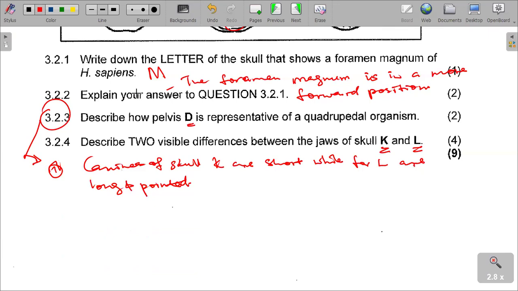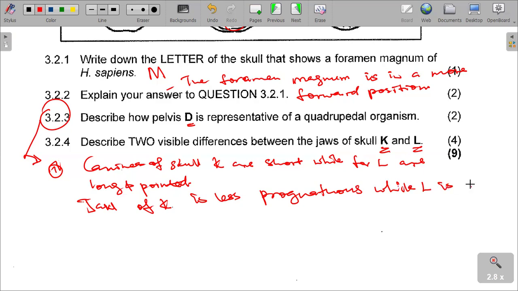And then one other difference in terms of the skull is that the jaw of K is less prognathous, while L is more.